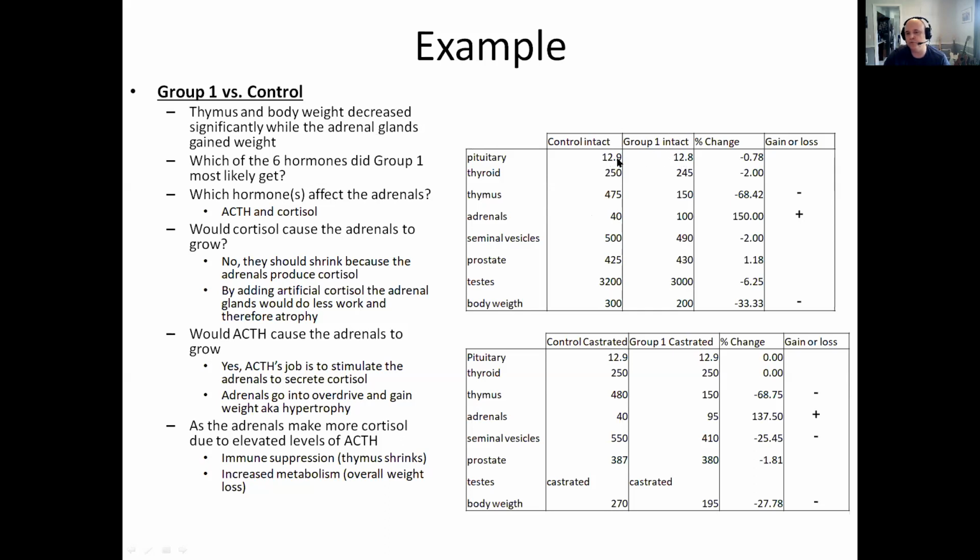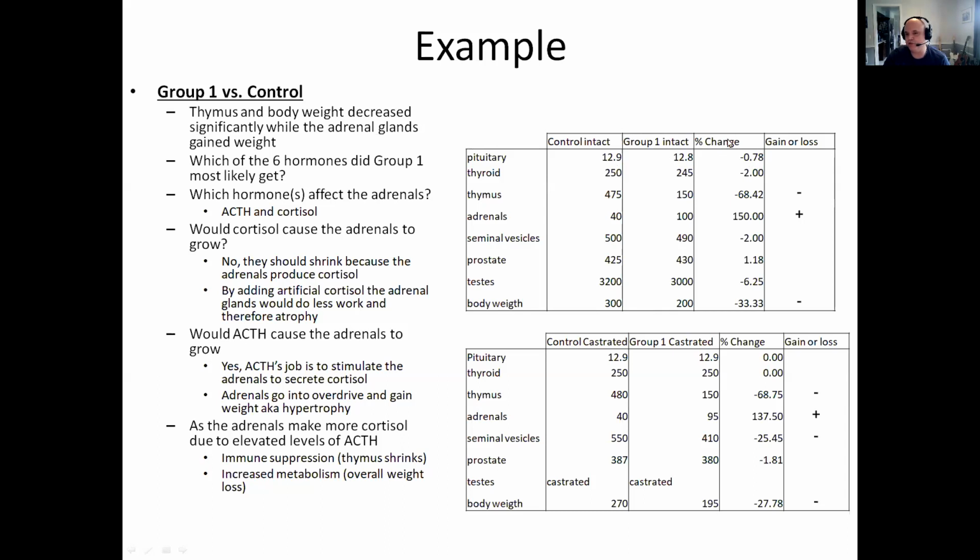If we go from 12.9 to 12.8, that's a loss of weight, right? Control rat is 0.9, intact rat is 0.8. That's a tenth of a milligram loss, because these are in milligrams, except for weight, which is in grams. Doesn't really matter because you're calculating percentages. So that turns out, if you do the math, to be a negative 0.78% loss. So a 0.78% negative value means a loss of 0.78%.